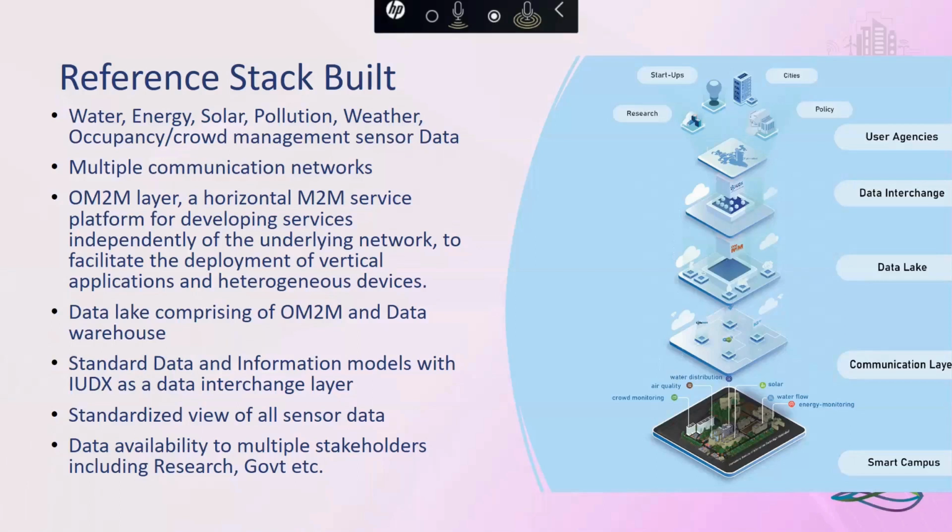What we have done is we have basically taken what's called oneM2M as a middleware standard, which has now been adopted by the Government of India as the de facto standard for smart city missions after our recommendations. So oneM2M is basically a platform that has been made out of a collaboration between 8 different telecom agencies, including those of India, US, Japan, Europe, and a few more countries.